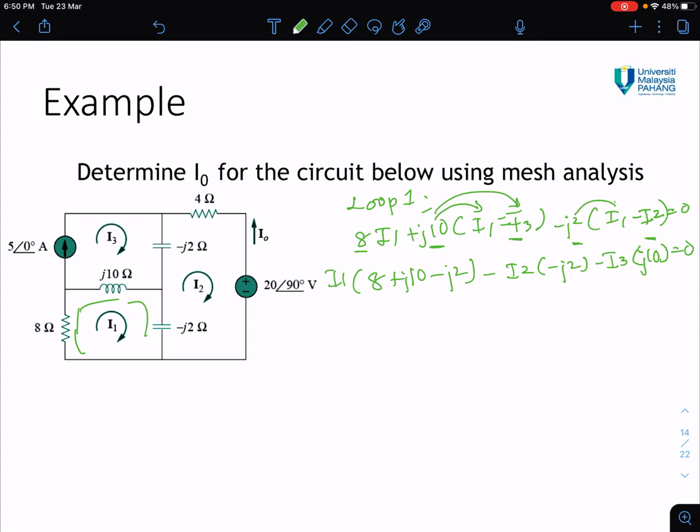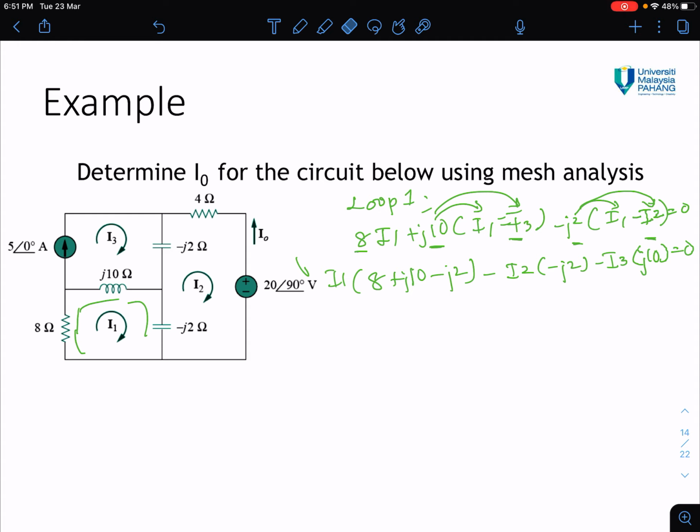So it becomes 8 I1 plus j10 I1, and then this is not plus, this is negative j10 I3, and then minus j2 I1, and then plus j2 I2 equals 0. Of course, this one is similar, but I prefer this way. So we have solved loop 1.